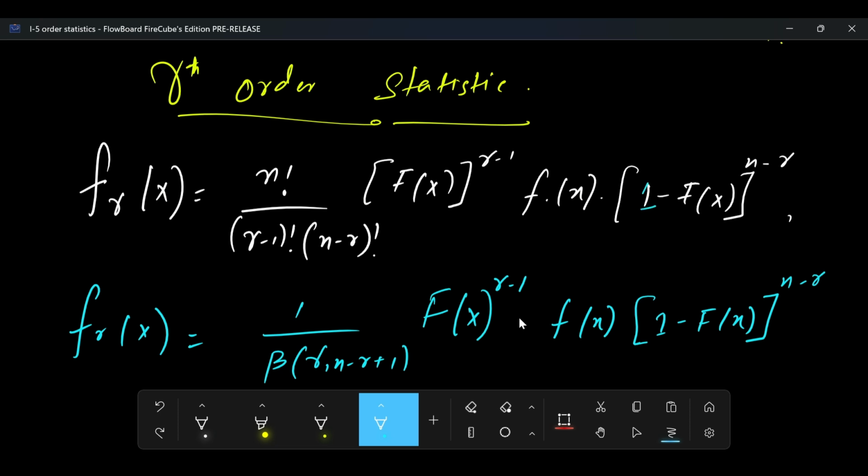Also, you can write the PDF of the rth order statistic like this, right? Now you know the first order statistic, the largest order statistic, and the rth order statistic.